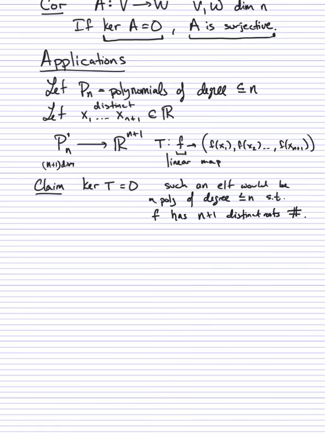So you do need some work. You need to know that a polynomial can't have more than that many distinct roots. Once you have this, you get that the kernel is 0, therefore T is surjective.